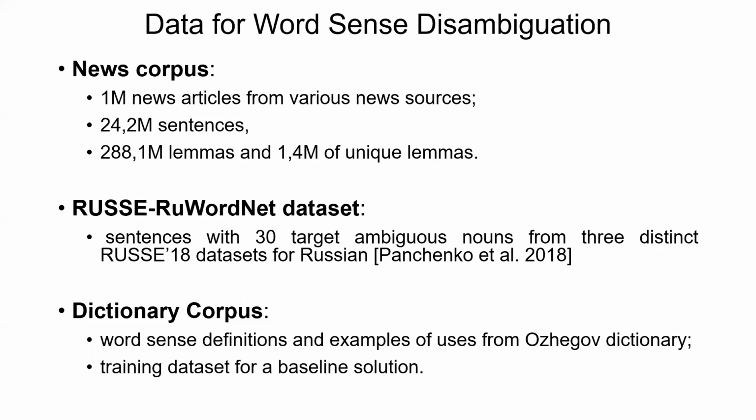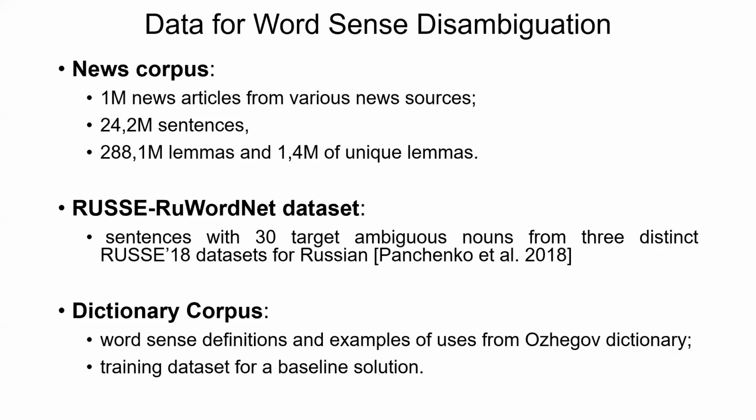From these datasets, we have taken only those words and senses which have one-to-one correspondence with senses in RuWordNet. So, we compiled a test dataset that consists of the contexts for 30 target ambiguous nouns, each having 2 different senses. For convenience, we will call this test dataset RuWordNet.